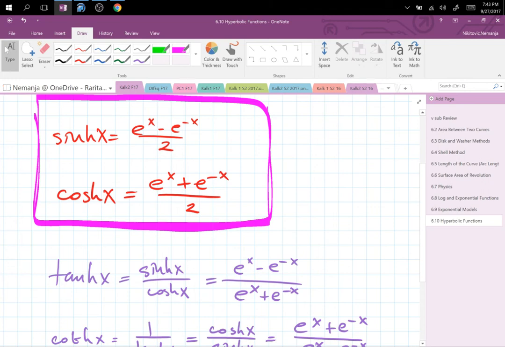What is the same for all 6 trig functions? Their nature, what are they? Anyone? When you think about sine x, cosine x, tangent x, cotangent x, secant x, and cosecant x.